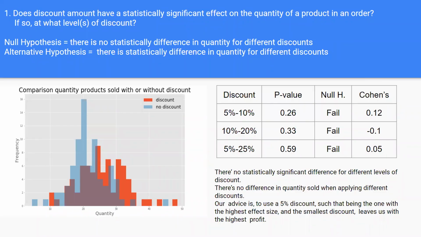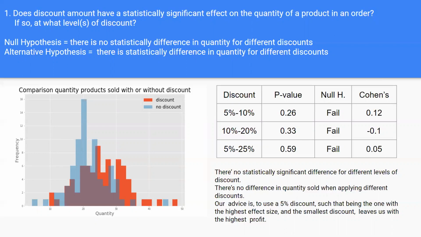First question is, does discount amount have a statistically significant effect on the quantity of a product in an order? And if so, what levels of discount? Here, we're going to look at whether comparing different levels of discounts on our product gives a variation in terms of quantity, and how big this variation is.